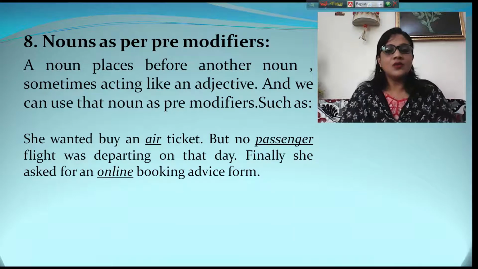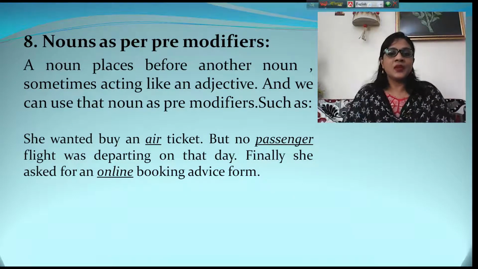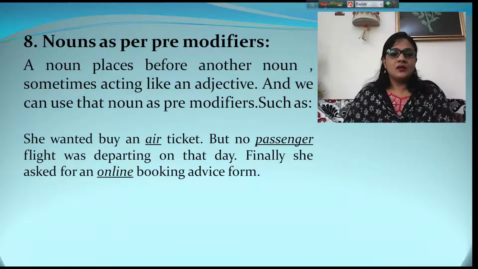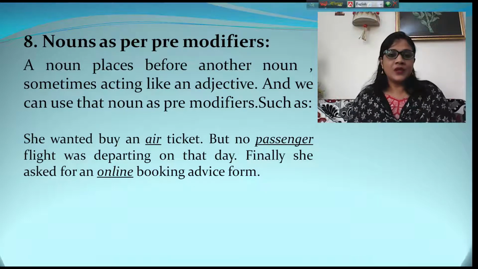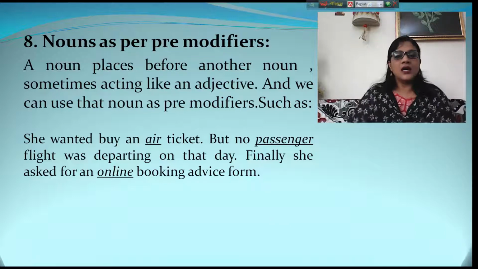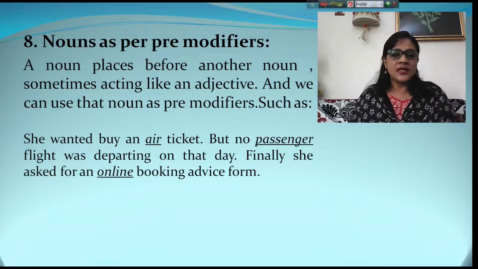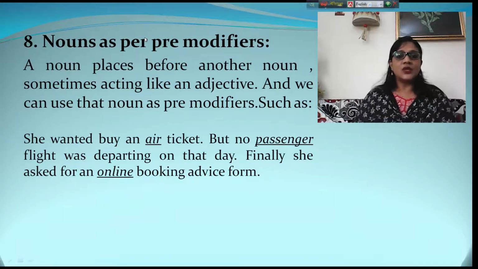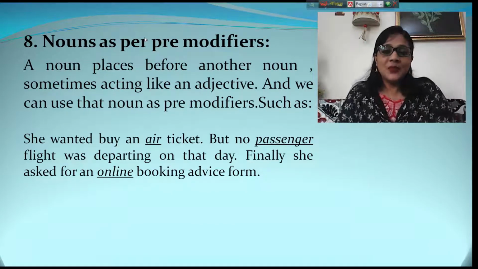Then nouns as pre-modifiers. My dear students, you may have a question: we say that the word that is placed before the noun and modifies that noun will be a pre-modifier.